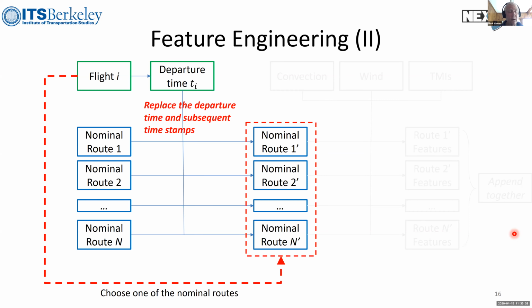Now, it was flown at a particular time, but what we're going to do is for any particular flight, based on its departure time, we're going to construct a new nominal route, which is spatially identical to the previous one, but we imagine it's departing at the departure time of flight I. This enables us to extract the features that are relevant for all those different features that we looked at before, and get the appropriate time for which to extract those features.